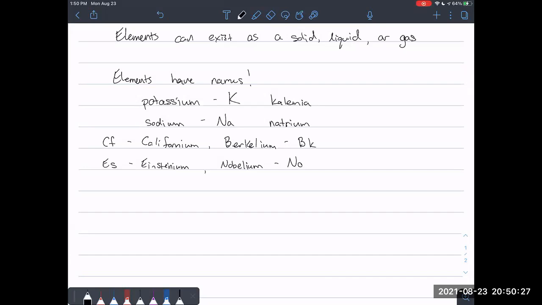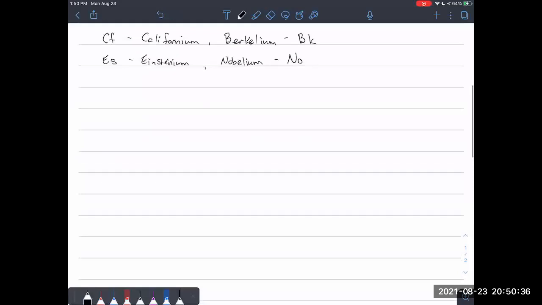My favorite element, in case you were interested, is tungsten. Can anyone guess what the symbol for tungsten is? W. It is W. How did you know that?